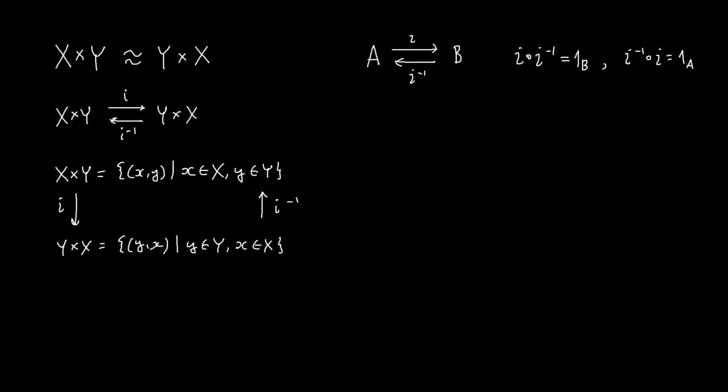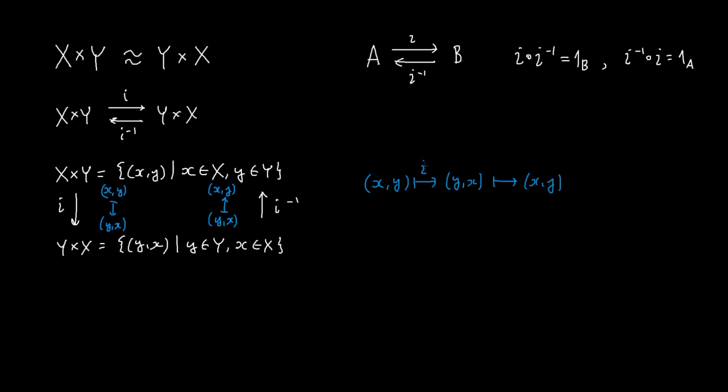So I take an ordered pair xy and I map it to yx, right? And the inverse will take an ordered pair yx and map it back to xy. Let's check these two maps are inverses of each other. That's a very trivial thing to check. If xy maps to yx, and then mapping it back, we get exactly xy.